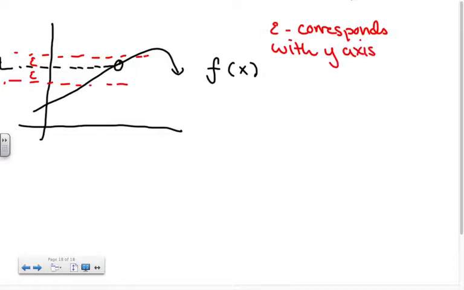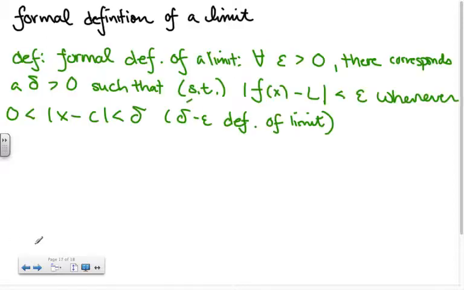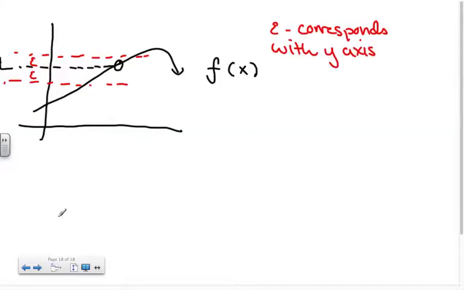So in the first part of my definition, epsilon greater than 0 corresponds with the y-axis. So I'm speaking about the y-axis in this situation.